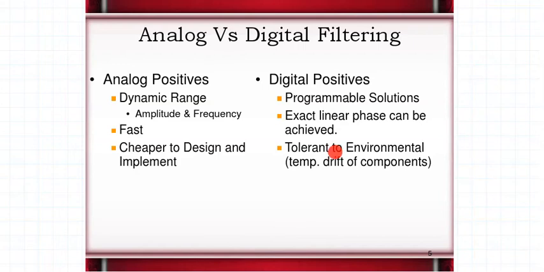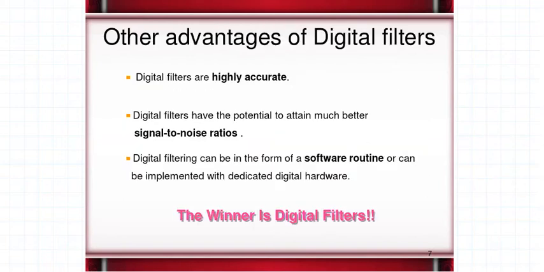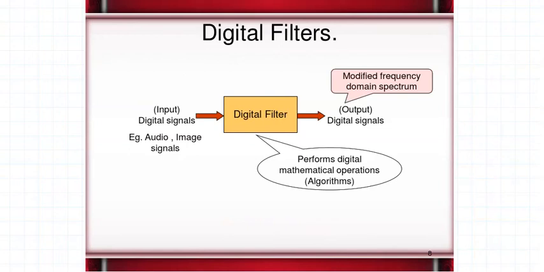Moreover, digital filters are highly accurate. They give much better SNRs as compared to analog filters, and therefore digital filters definitely have more advantages over analog filters, and that's why we say the winner is definitely the digital filter. So let us now go into what digital filters are.